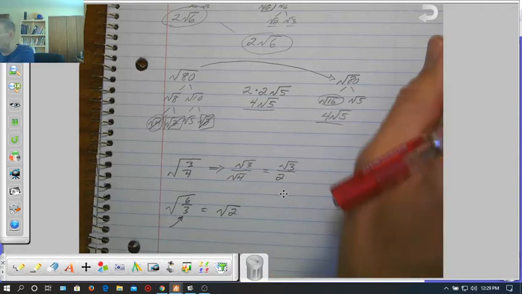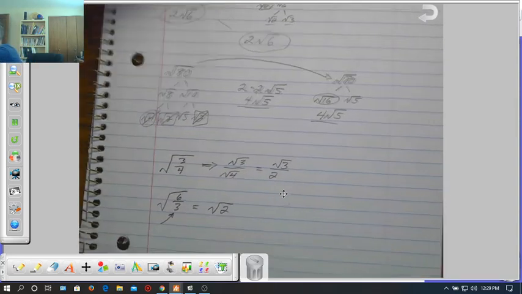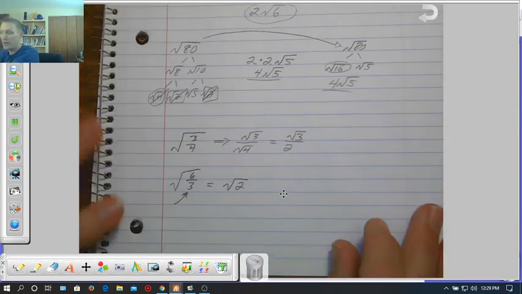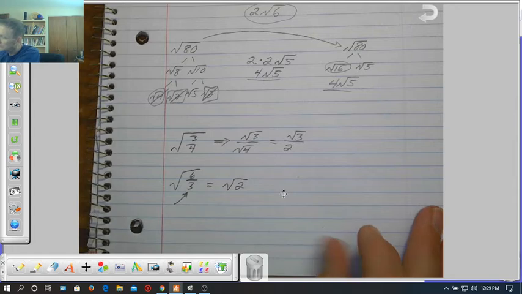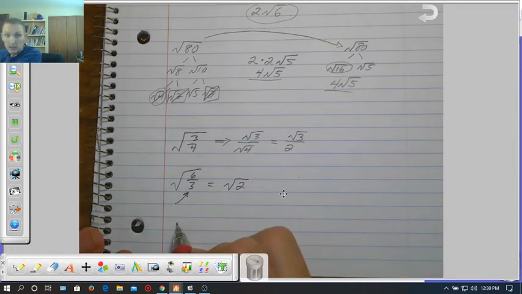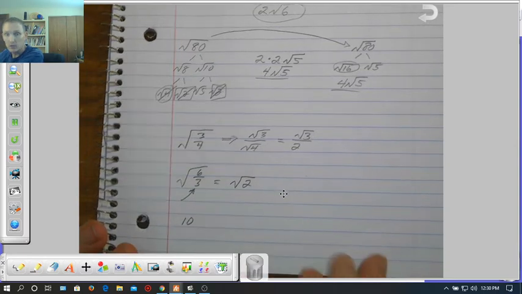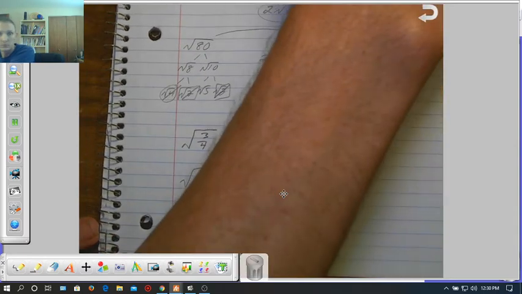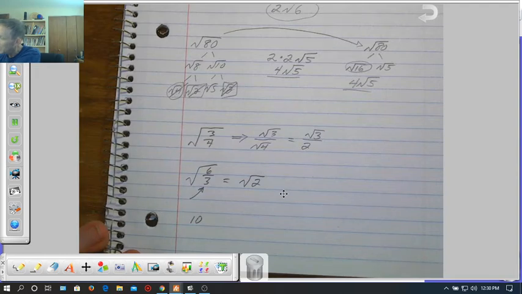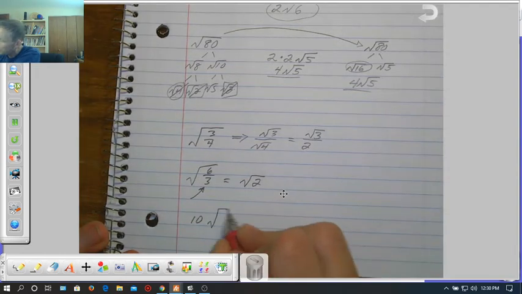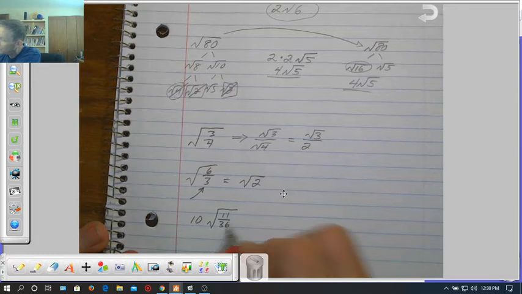Let's take a look at one final example of what we could potentially do with radicals and fractions. Let's take the number 10 outside of the radical. And then I'm going to put a fraction of 11 over 36.